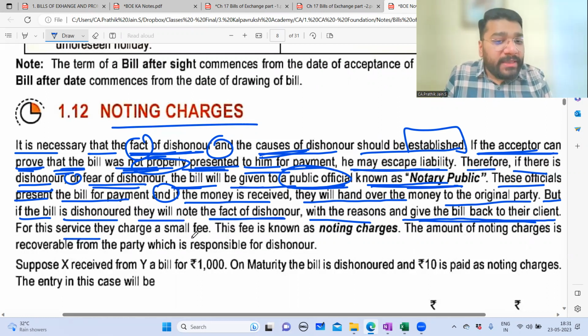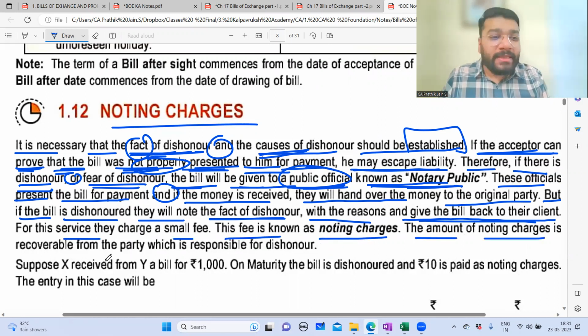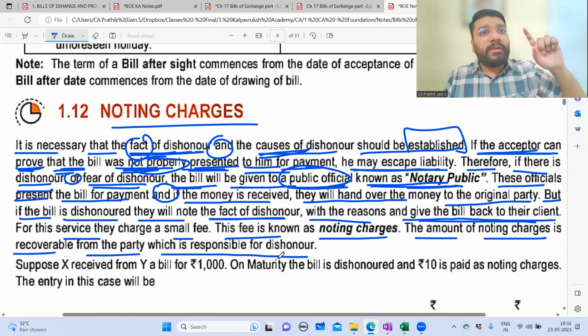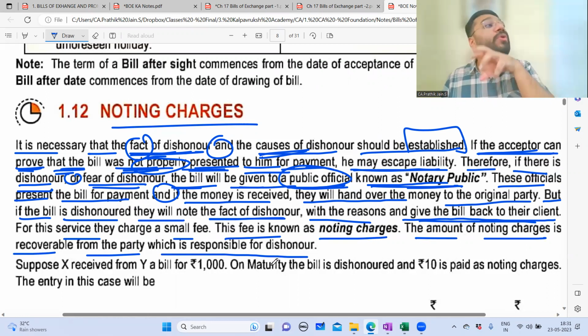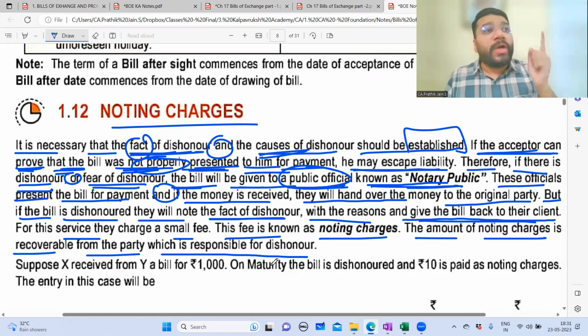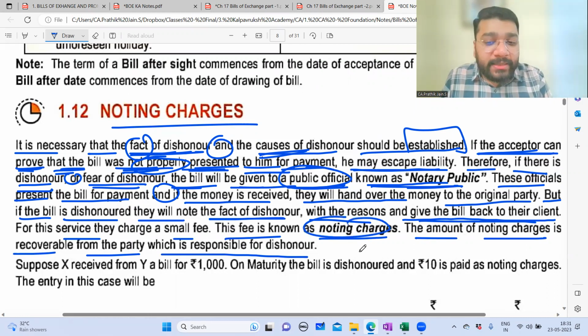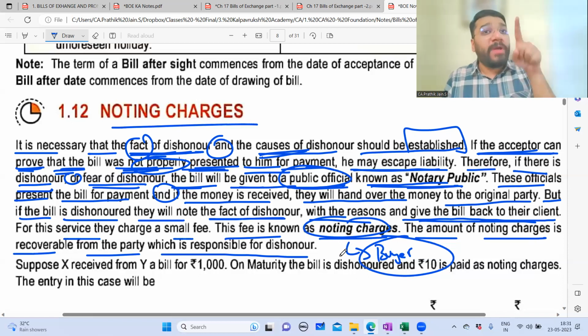For this service, they will charge a small fee that is called noting charges. The amount of noting charges is recoverable from the party who is responsible for dishonor. So there are two cases, guys. Noting charges will be paid by somebody, and this amount will be slowly collected from the original party who is at default. So ultimately, who will be bearing the noting charges? Buyer, because it is because of the buyer.